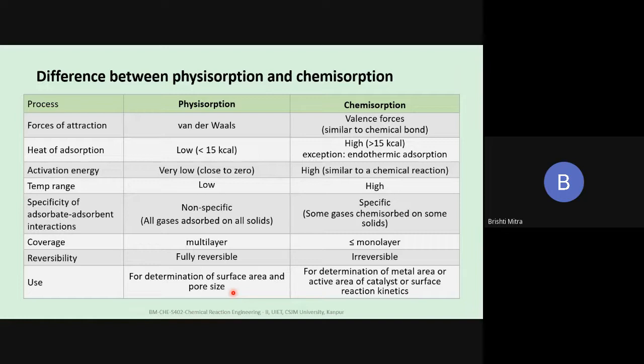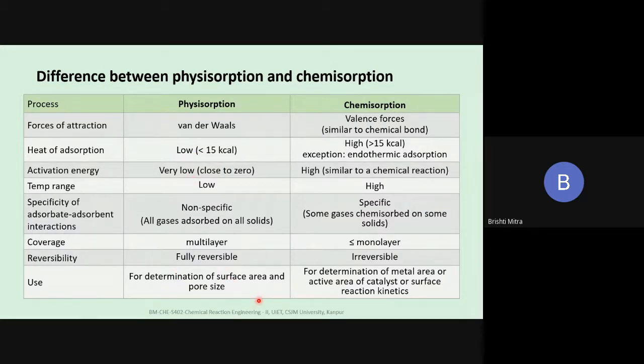So what is the surface area? If you remember, I told you that catalysts must have very large surface areas, and surface areas can go anywhere between 50 square meters per gram to 1000 square meters per gram. So how do we measure this surface area? This surface area is measured by using the physisorption process.